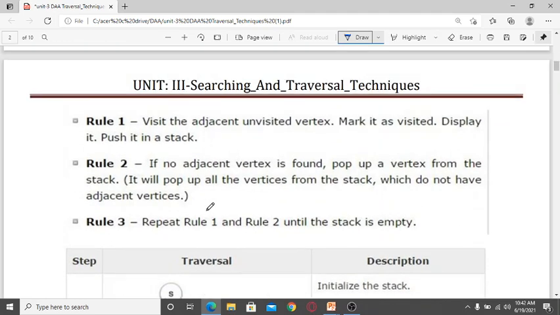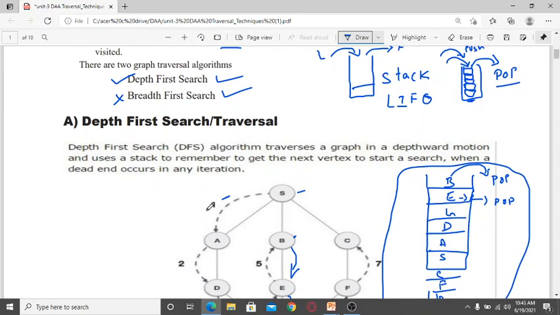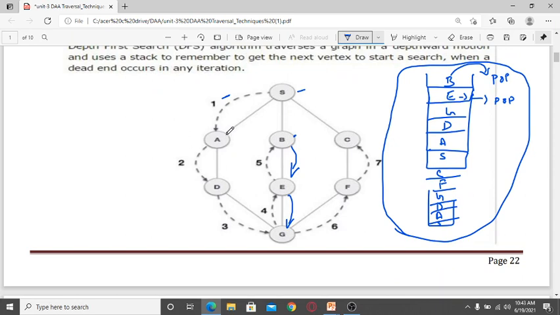Rule number 1: visit the adjacent unvisited vertex, mark it as visited, display it, push it in the stack. What we have done here: whenever we reach from S to A, this is an adjacent vertex. You can go from anywhere, but I am going from here.